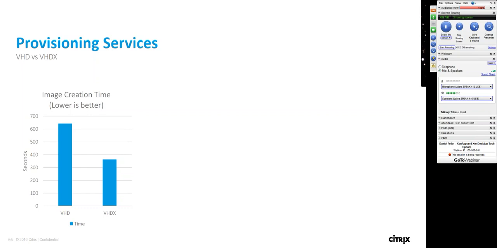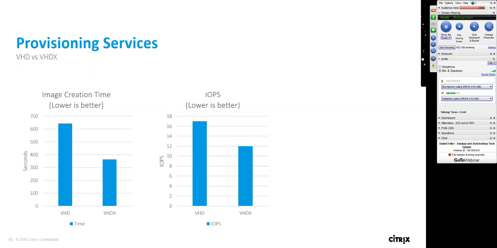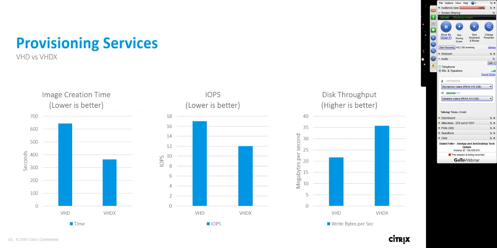With a VHD it was 650 seconds, with a VHDX it's about 350. IOPS was also lower, from 17 IOPS down to about 12, just by going to a VHDX file. And then finally, the disk throughput was higher, and this is better. You get more stuff going through your disk. VHDX was almost twice as high as a VHD. So you're getting better performance out of your disk just by going with the VHDX file format with PVS master images.